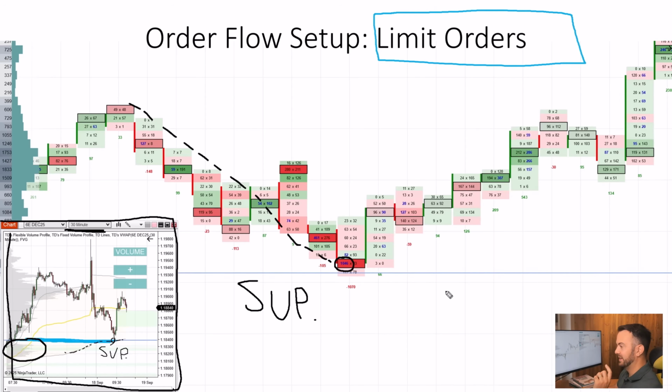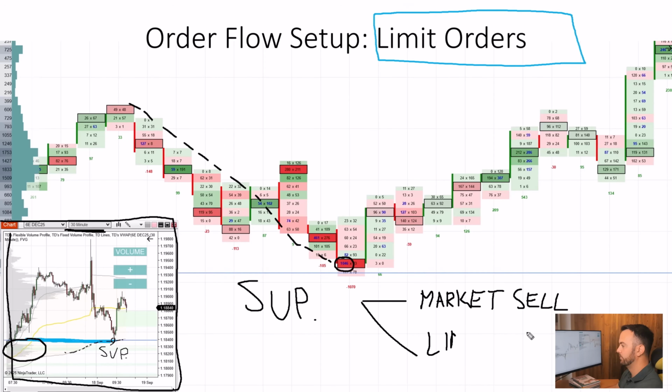Now, you need to think what this represents. Since this is at the bid, it could mean either an aggressive seller with a market sell order or a limit buy. Which one is it? What's more likely? Remember, the price reached support.